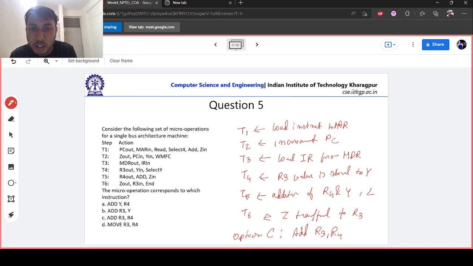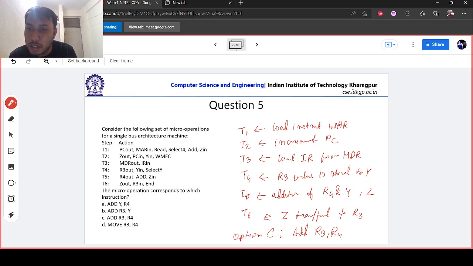What T4 does is it transfers the value of R3 to Y. What T5 does is it adds the value of Y, which is a temporary register to store intermediate values, with R4, and the result is getting stored in Z, another temporary register.